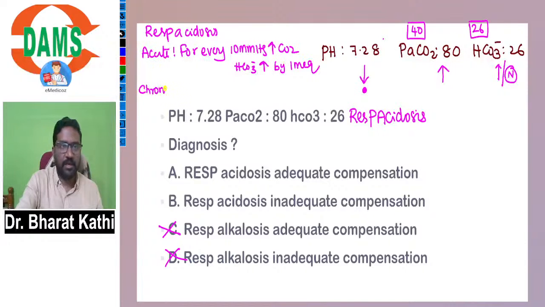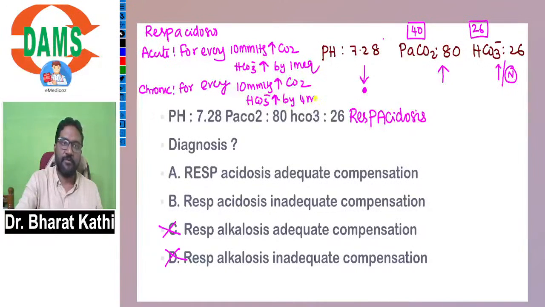Whereas in chronic, for every 10 mm Hg increase in CO2, bicarbonate increases by 4 milliequivalents. If history is not given, how to say whether it is acute or chronic?